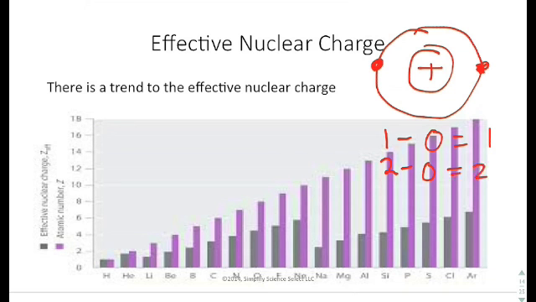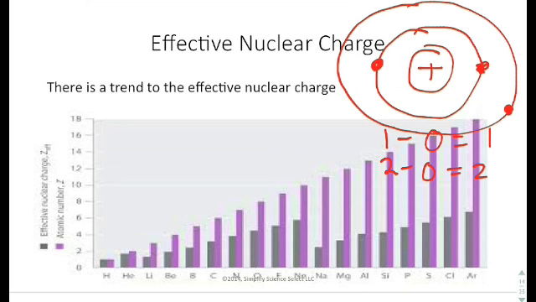So you see the general pattern: as you increase the atomic number, generally speaking, the effective nuclear charge increases as well. But when we go to the next one, it gets to be just a little bit different. The next element is lithium. We add another orbital, so we're no longer just talking about the 1 orbital, we're talking about the 2 orbital at this point.